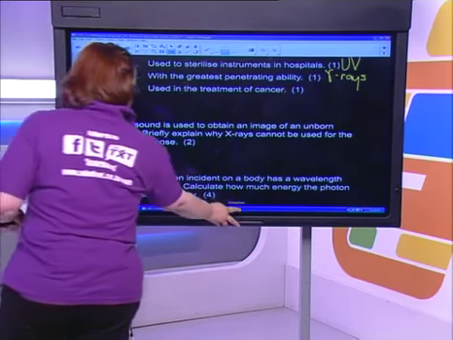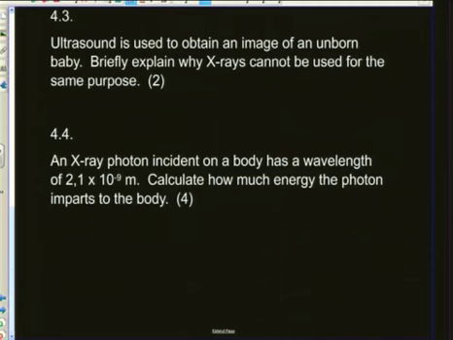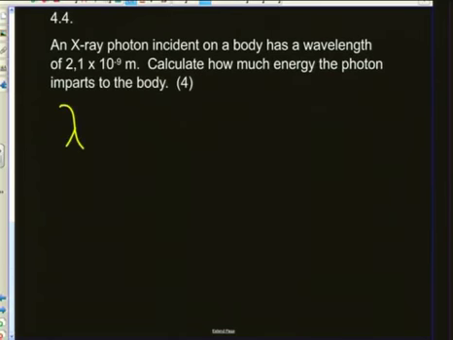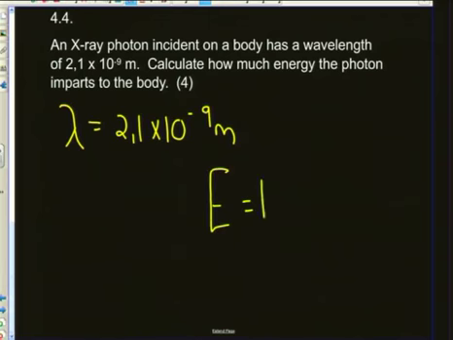Now, an X-ray photon incident on a body has a wavelength of 2,1 times 10 to the minus 9 meters. Calculate how much energy it imparts. I said to you, we're going to use E equals hf.